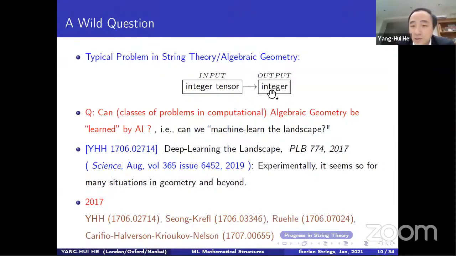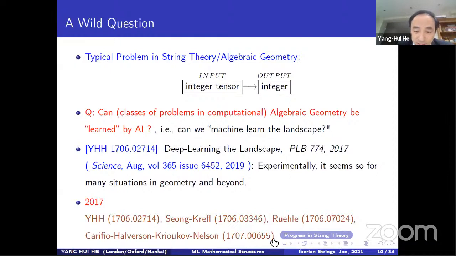This could be cohomology, Hodge numbers, intersection numbers, or whatever it is. So a natural question is: is it possible to come up with a sufficiently clever AI that will learn this process? That's the problem I was thinking about in 2017. I was surprised to find experimentally that this was actually possible. So for the rest of this talk, I'm going to at least speculate on why this is possible.